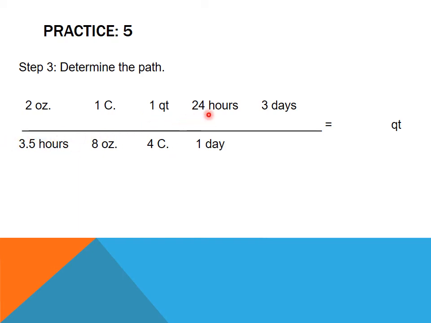You need hours up here to cancel it out. There are 24 hours in a day. And we're trying to calculate for 3 days' worth of formula. Do all your conversion factors and then simply eliminate those that are not the end factor that you want, and then do the math.